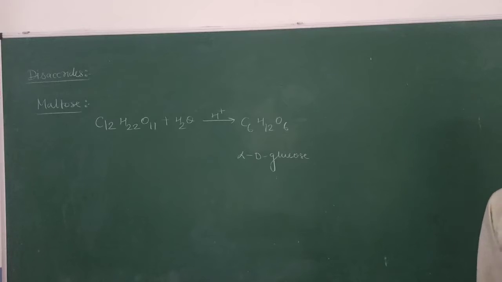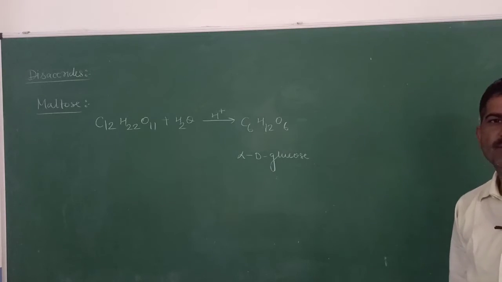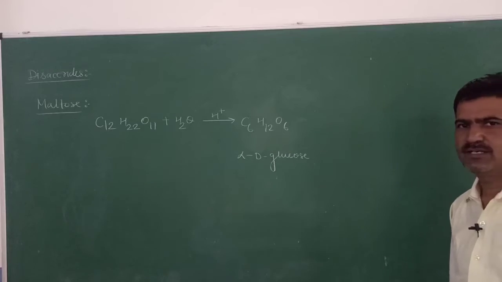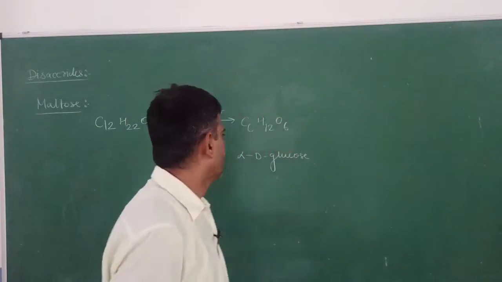Maltose gets hydrolyzed to give alpha D glucose units, and these alpha D glucose units are linked together by means of the glycosidic linkage, C1 C4 glycosidic linkage. Let's see.